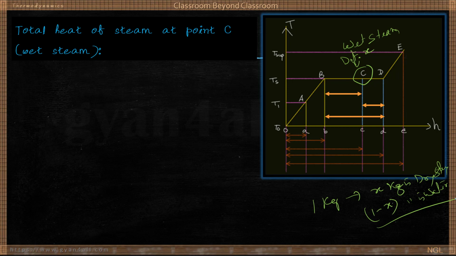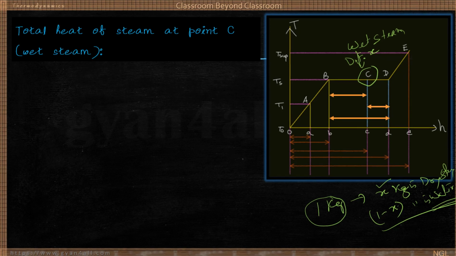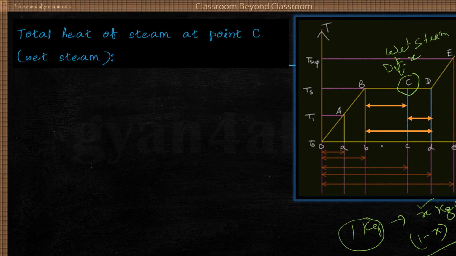Is it clear for you? Dryness fraction x is actually the fraction of dry steam present in the wet steam. And if x is the fraction of dry steam, total is 1, so 1 minus x is the fraction of water. The rest is water. Anyway, from this point to this point, B to D, what is the amount of heat?